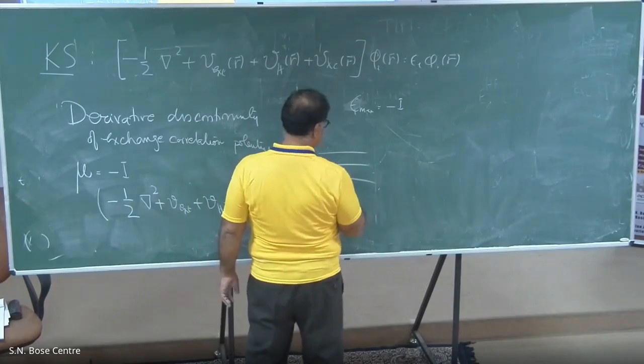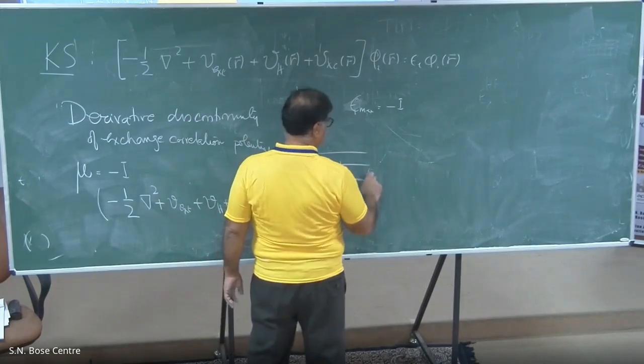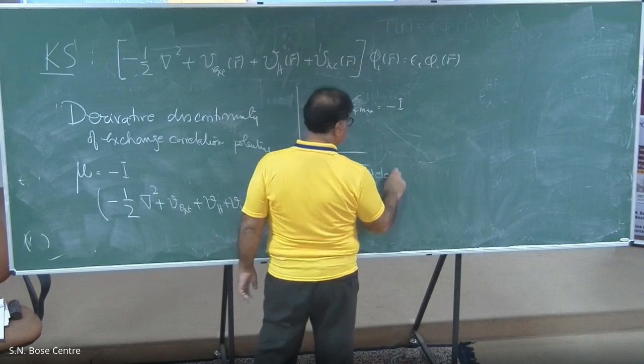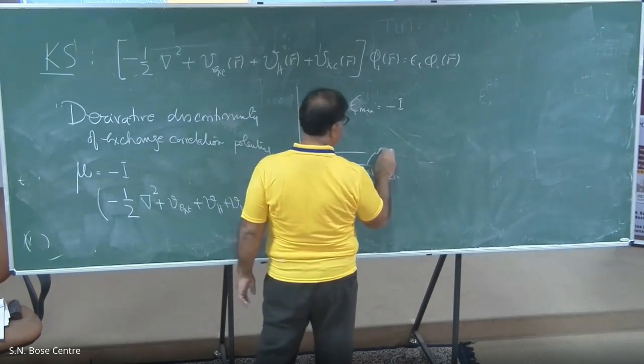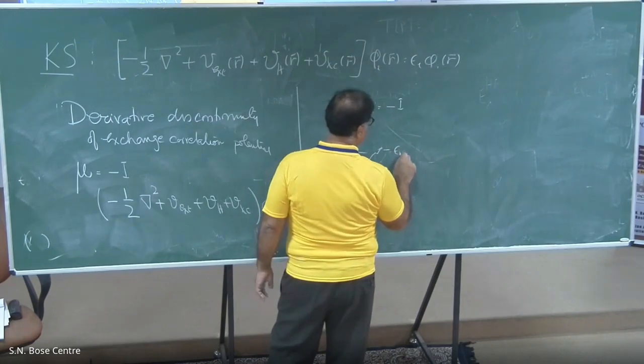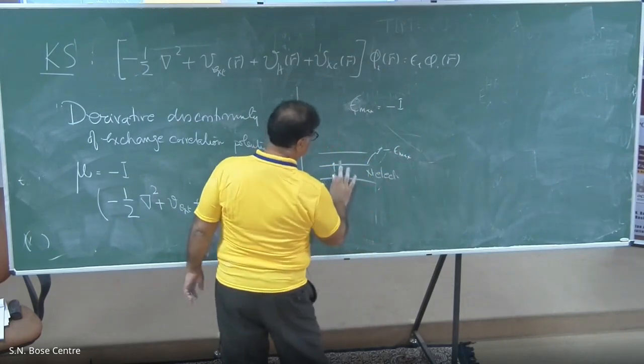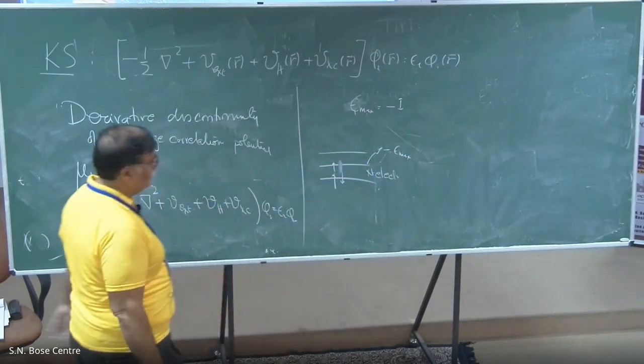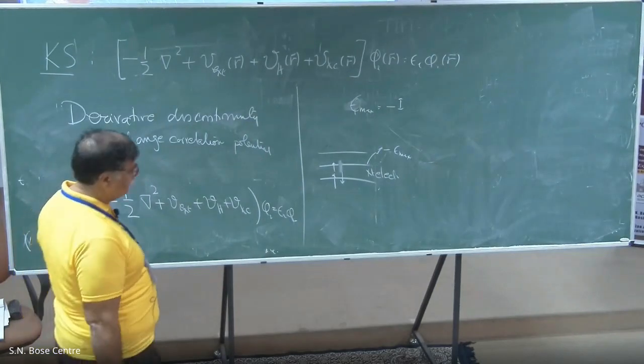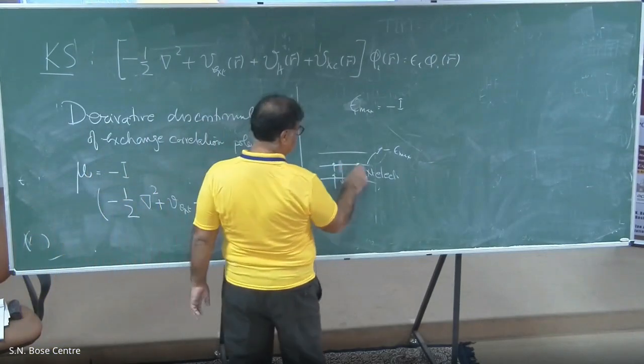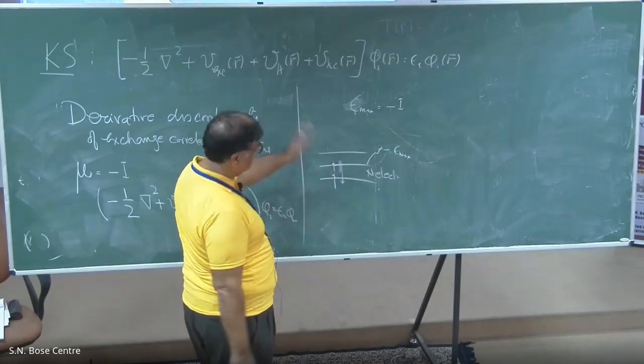This is n electrons. If you just keep filling one, two, and so on, and then infinite number of electrons.